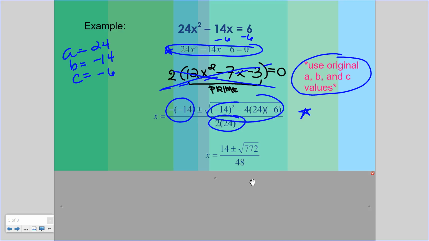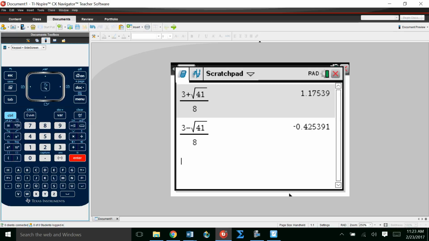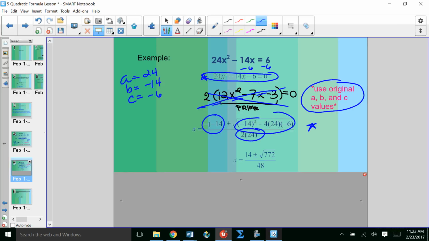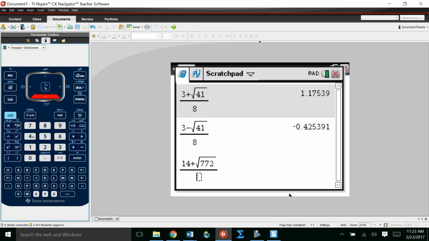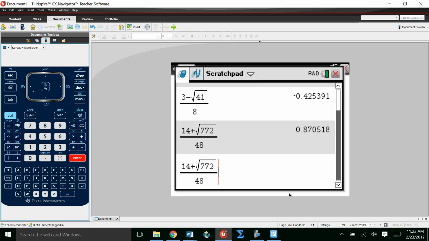And use your calculator to go ahead and find your true roots, once by adding, once by subtracting. So we can do that one together one more time. So 14 plus the square root of 772, all over 48. One time we do it with addition, scroll back up to copy and paste it, and edit the addition to subtraction.